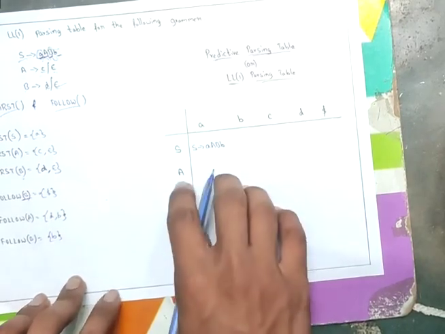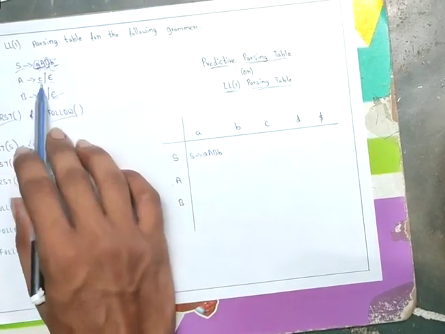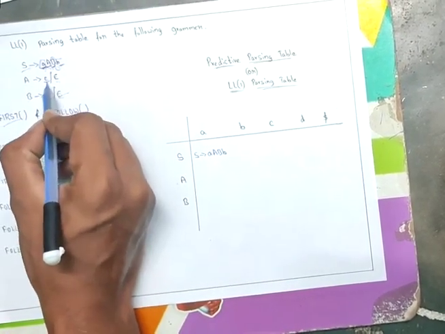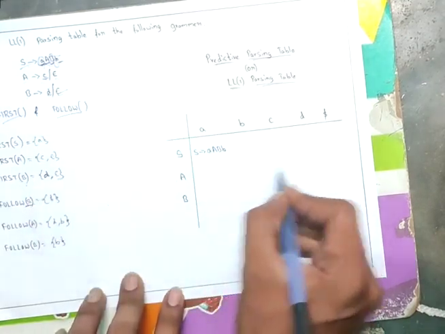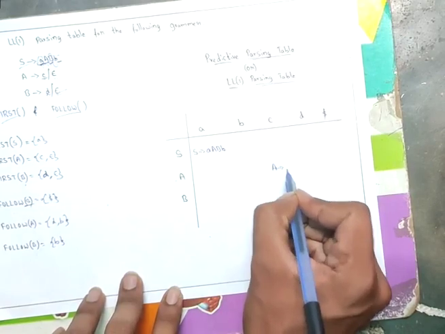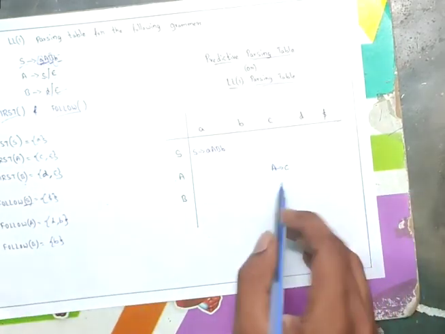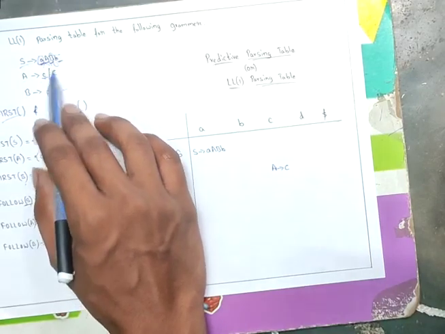Now we have to see for non-terminal capital A. For this non-terminal, the first element is C. So we have to write this production rule under the C. Here A goes to C, and there is also another production for this non-terminal A, which is epsilon.